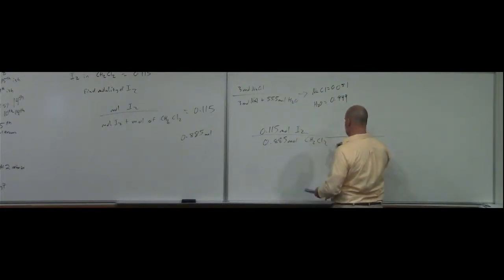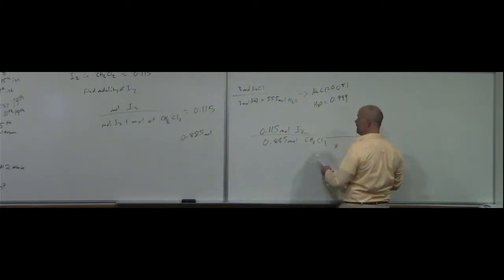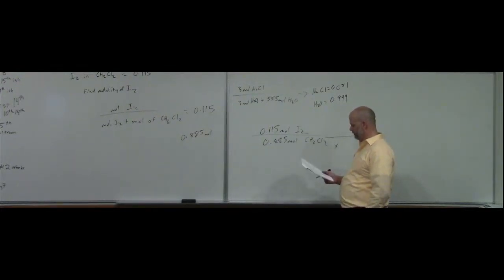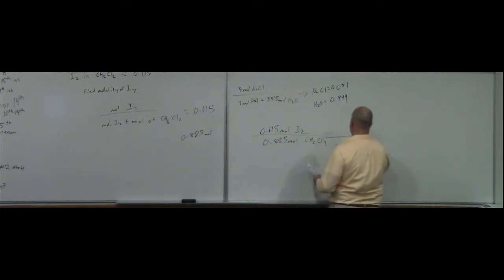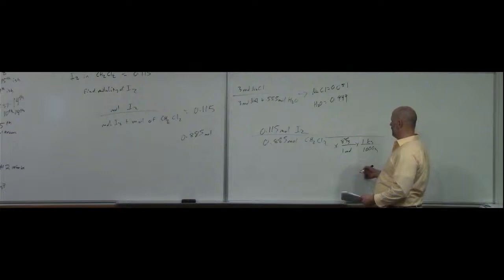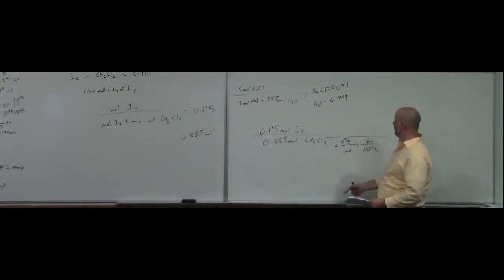So all I need to do is multiply this by my molar mass of CH2Cl2. So give me that one. 85 grams per mole times 1 kilogram over 1,000 grams.